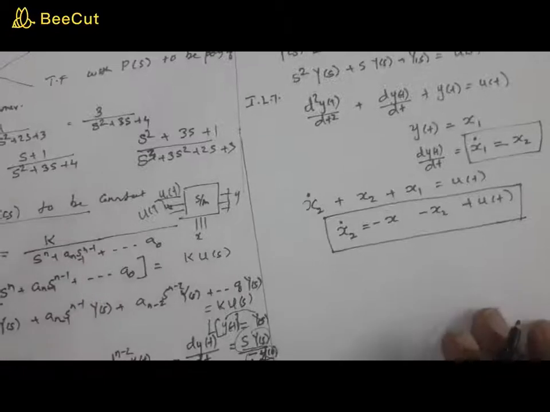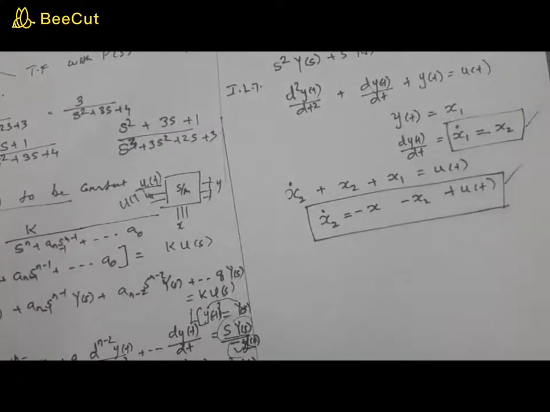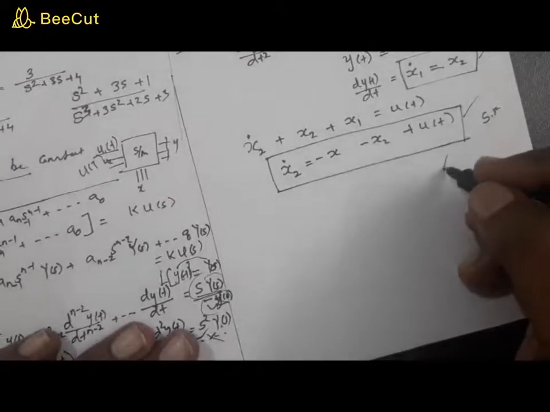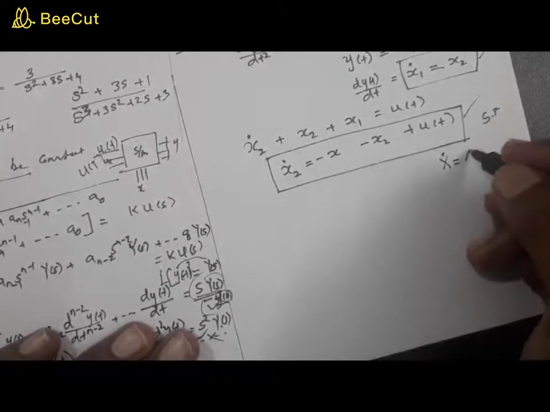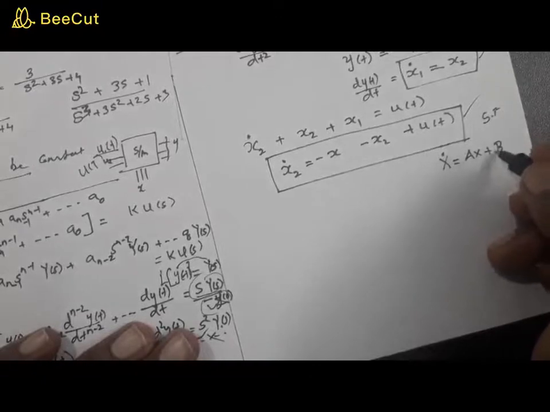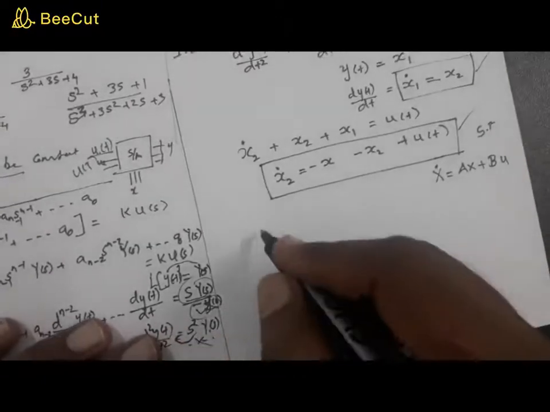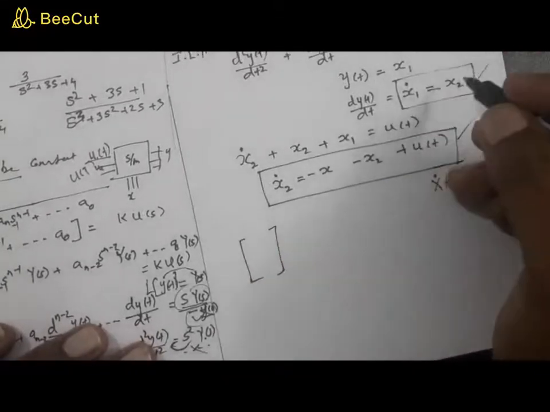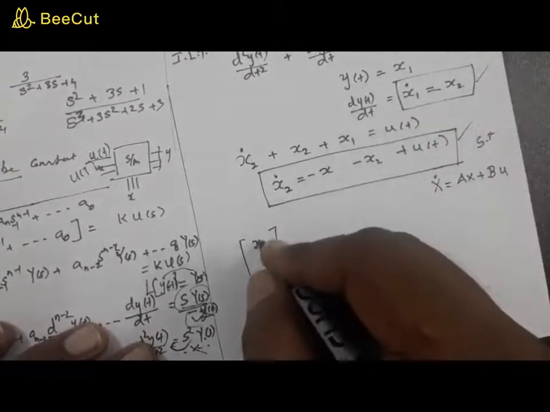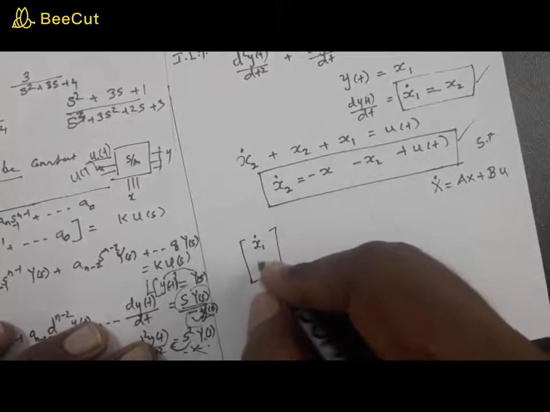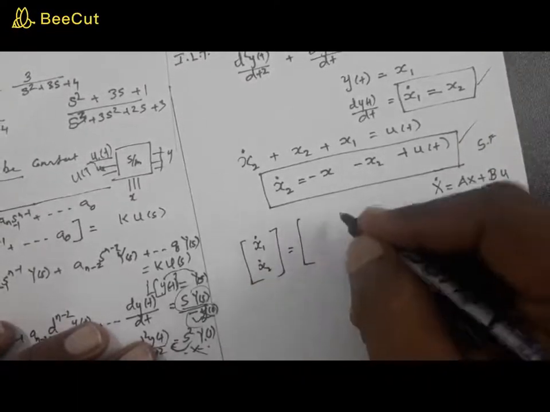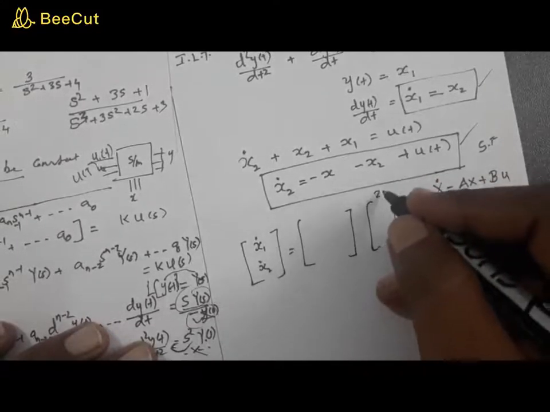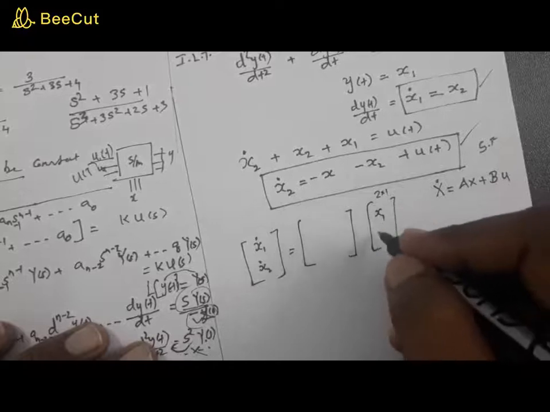Now these two equations form the state equation. Mind you that the state equation is of the form x dot is equal to Ax plus Bu. Let's write it: x1 dot and x2 dot form a 2 into 1 matrix, equal to a 2 by 2 matrix multiplied by another 2 into 1 matrix with x1 and x2.